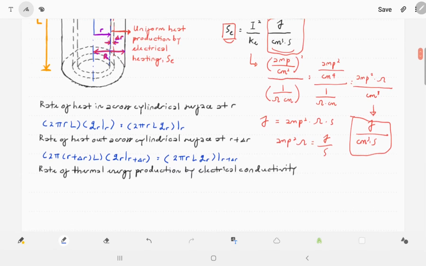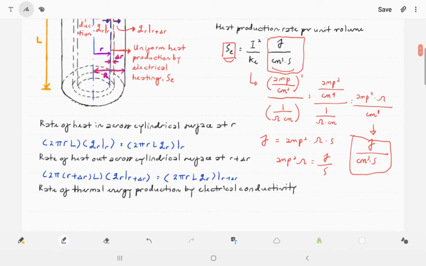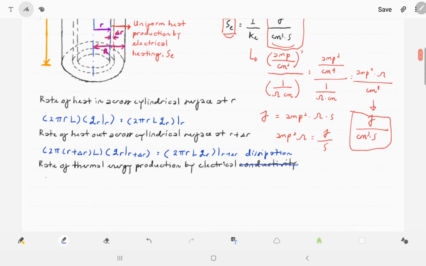Then the last term is the rate of thermal energy production by electrical dissipation. Sorry, this one is not electrical conductivity, it is supposed to be electrical dissipation. Here we first define the volume of the shell element, 2 pi r delta r L, multiplied by the source term S_e.